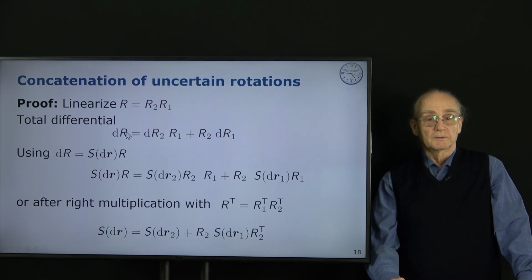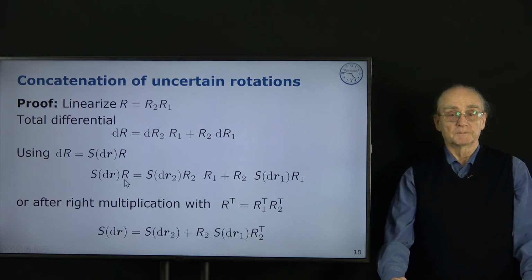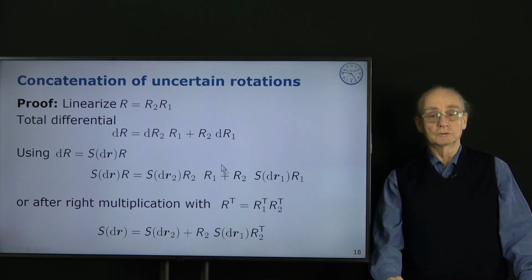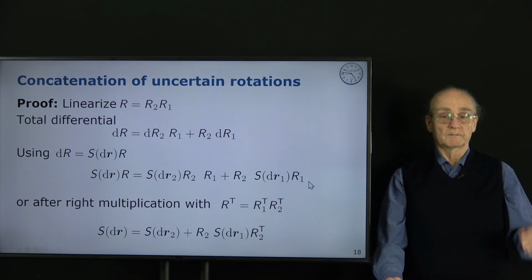So the dR for the combined rotation is a skew-symmetric matrix of some differential vector dr multiplied with the rotation. The same holds for the second rotation, so we have the skew-symmetric matrix of dr2 multiplied with R2, and the whole thing multiplied with R1, plus R2 multiplied with the skew-symmetric matrix of dr1 multiplied with R1.